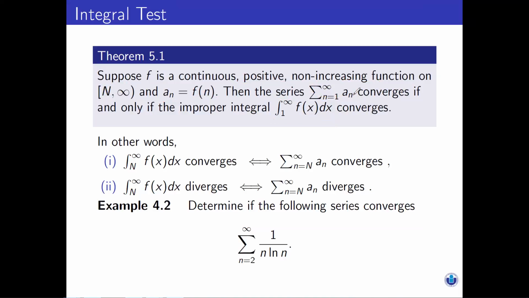In fact, for the improper integral, instead of taking from n, you can take from any point. You don't have to start with the same index that the series starts. You can start at 1, for example.